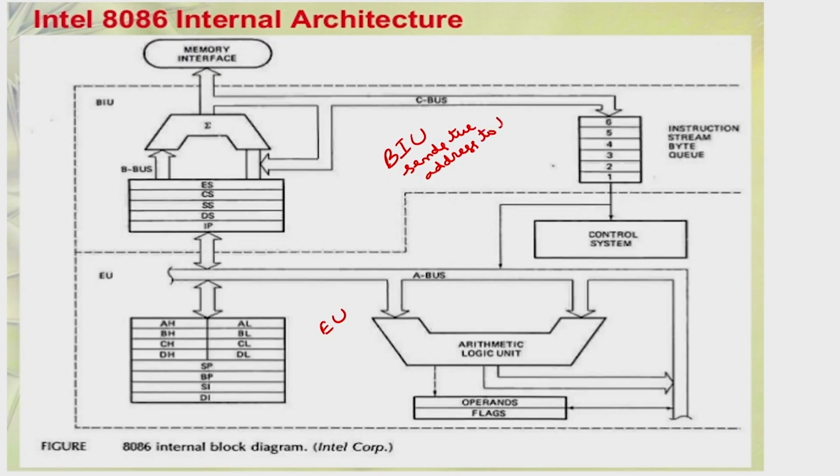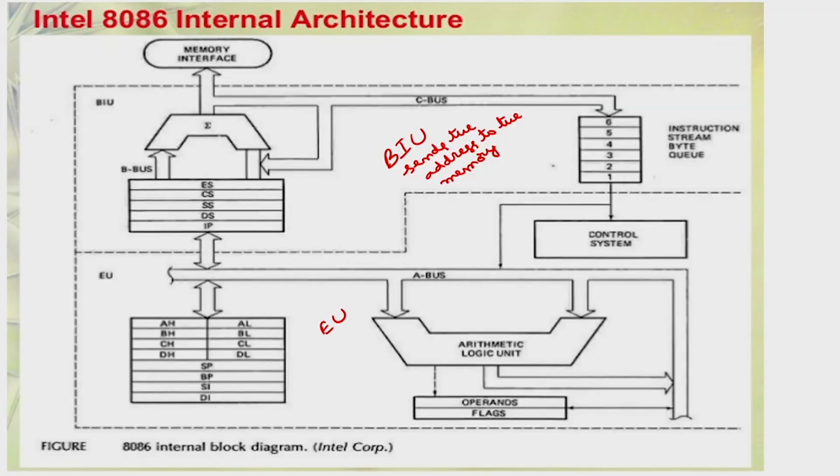To the memory, because the programs will be stored in the memory. In order to execute those instructions or programs, the microprocessor has to fetch the instructions and then execute them. So for that the BIU, bus interface unit, sends the address to the memory.